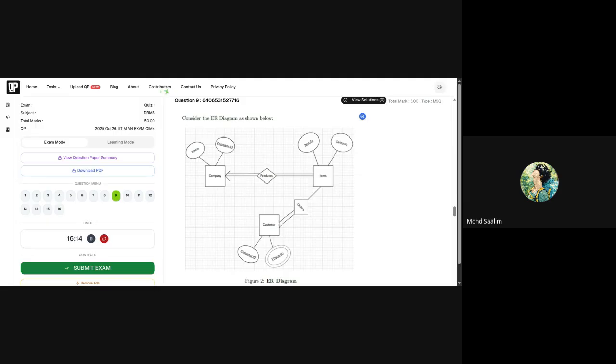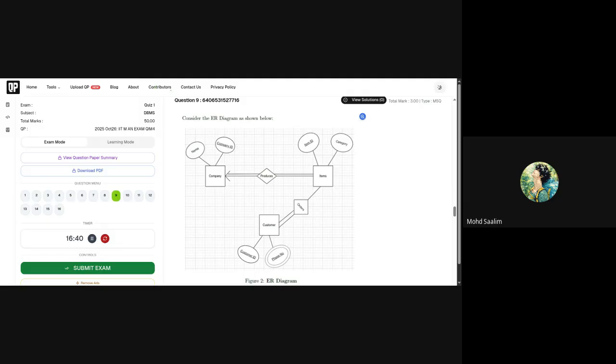A single company can be associated with multiple items, right? Yes, so a single company can be associated with multiple items.